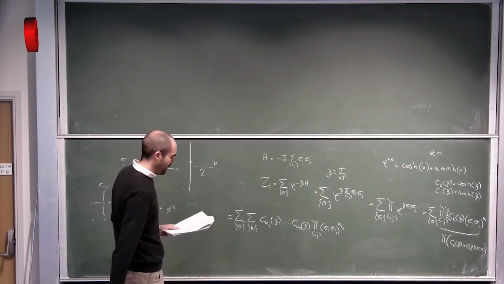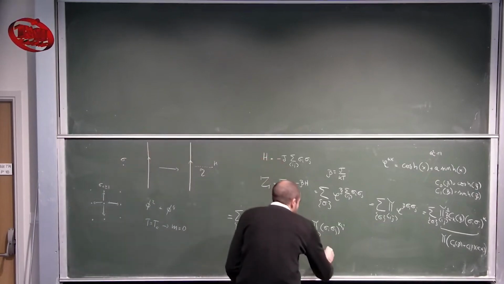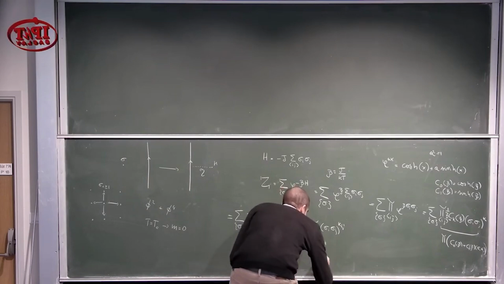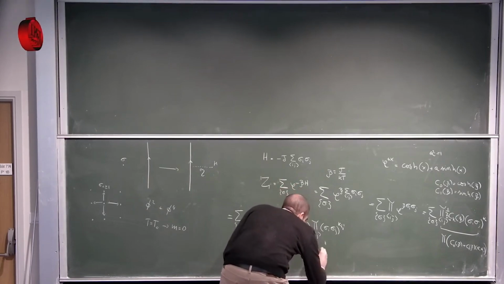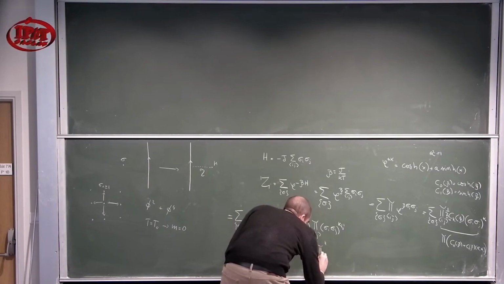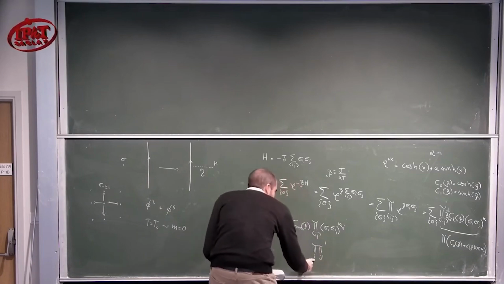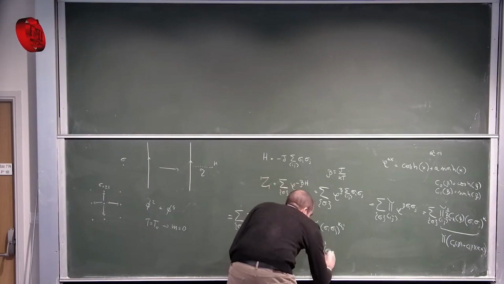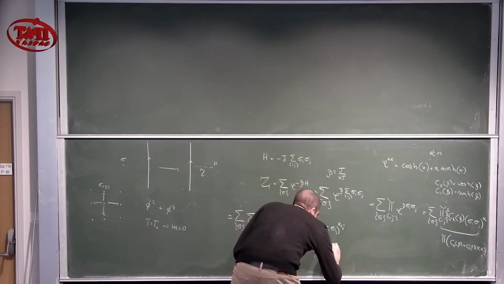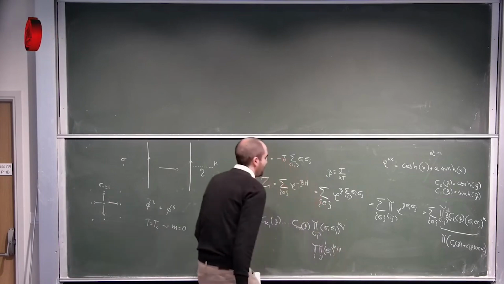At this point, well, we can rewrite this product here as a product over I times a product over J prime, where J prime are the neighbors of I, of sigma I to the kappa I J prime.